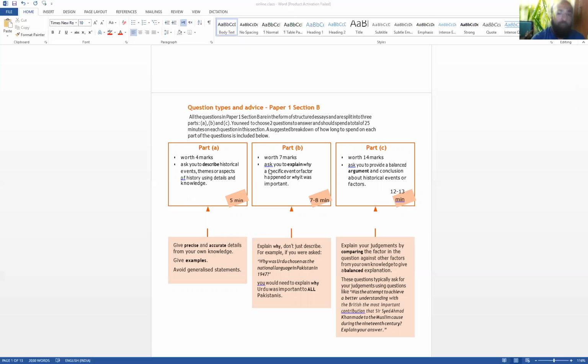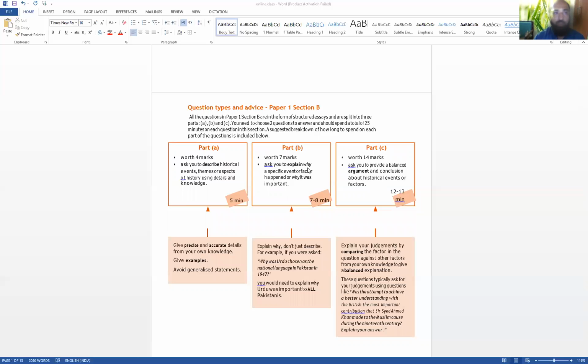In part B, you are going to be asked about reasons why, which means explain why this thing is happening. And remember, when we talk about why, it means what happened before.